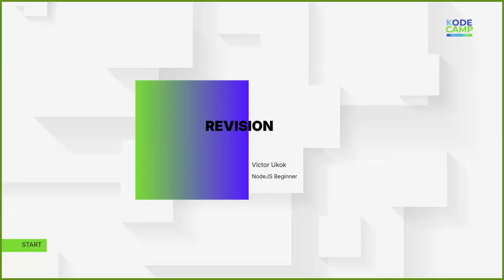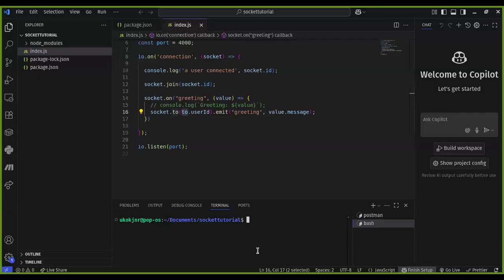Okay, so we are here, and remember that this value here contained message and user ID, but here instead of using value.userID, I used to.userID, and this was the issue, the reason it wasn't working.